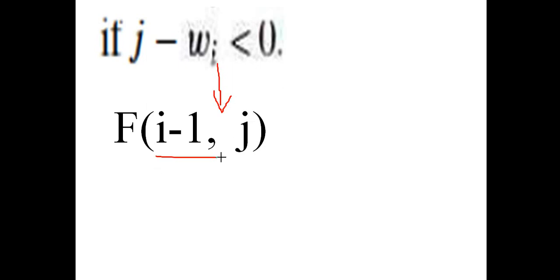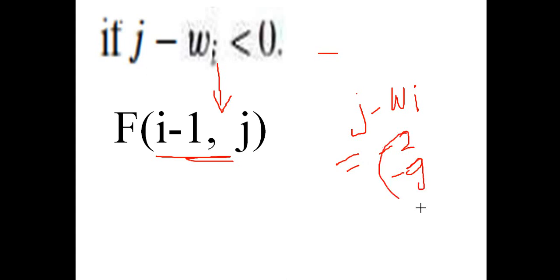Less than 0 means you get a negative number as the answer when you compute j minus Wi, for example minus 2 or minus 9.